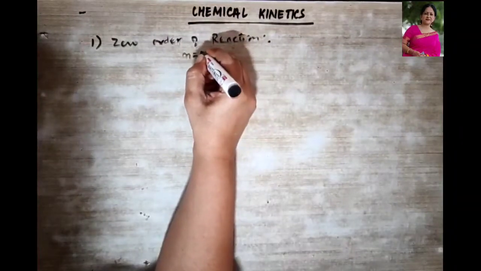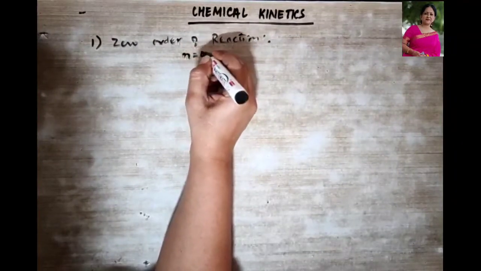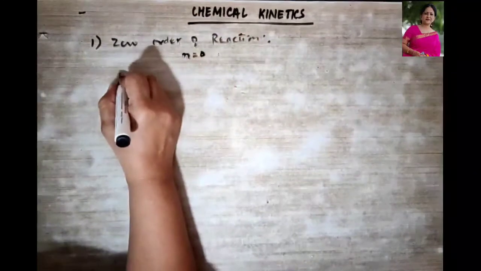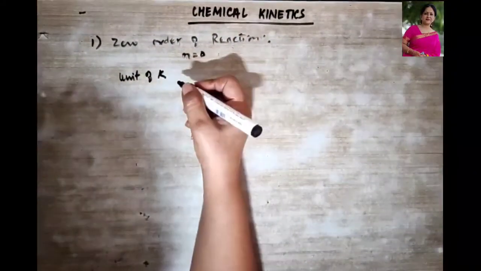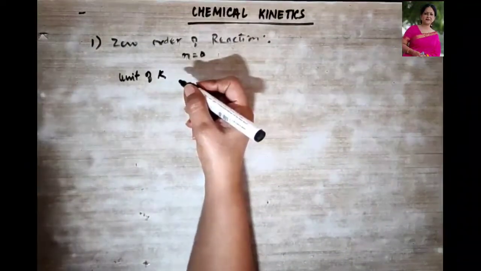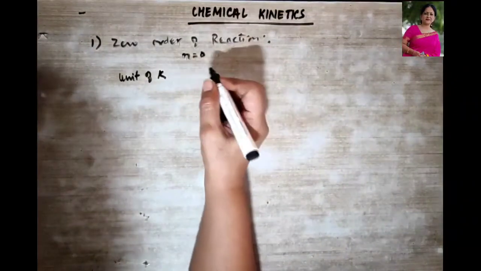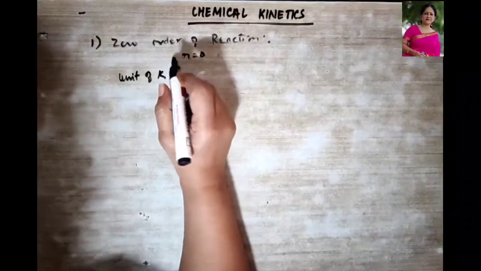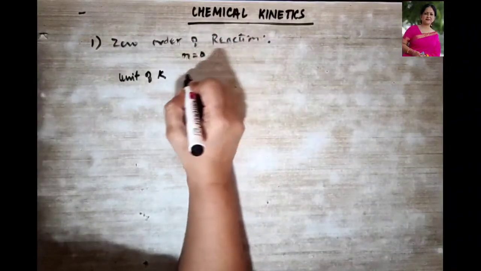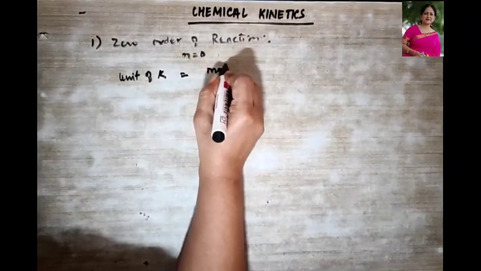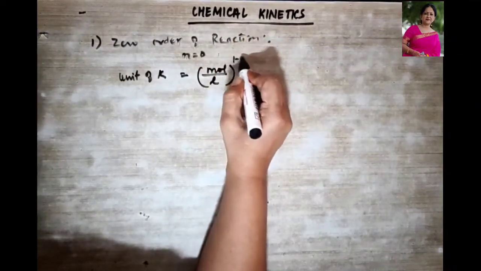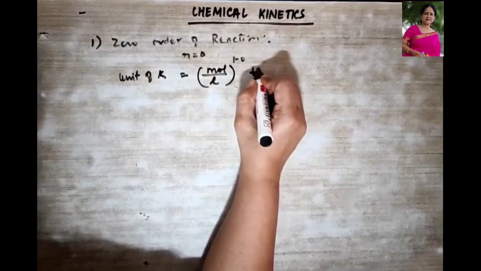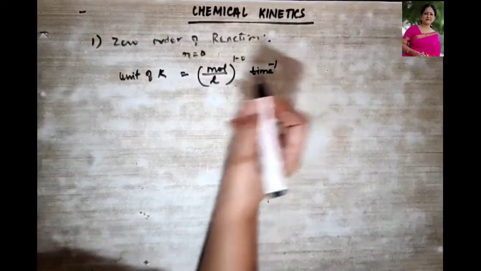When n is equal to 0, then what is the unit of your rate constant? This will be equal to what? Mole per liter to the power of 1 minus 0, per time, right?